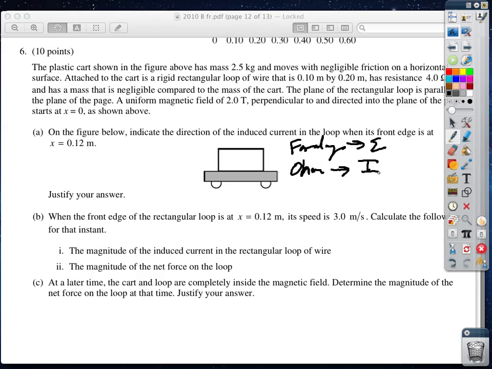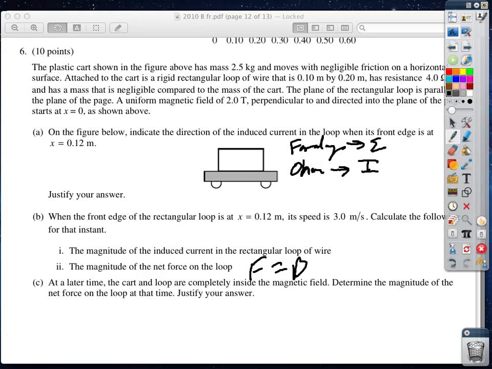And which way is the magnetic field pointing? Into the board. So show me with your right hand what's going to happen. Magnetic field's into the board. The current is pointing up. Which way is that going to get pushed? To the left. That's why they asked this problem. Get it? And that's pretty easy, actually, right?